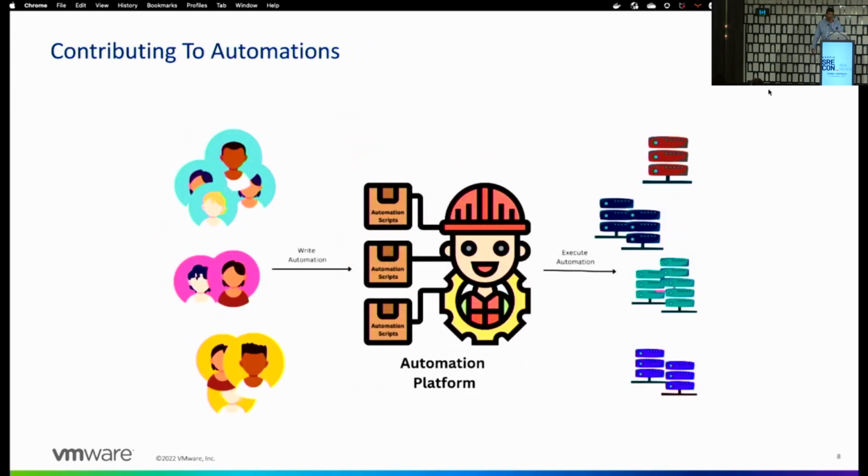So who are the key consumers or owners for writing the automation scripts? All the service owners and component owners are part of writing the automation scripts. This platform enables them to build their own scripts and execute them, scheduled or fleet-wide, with scheduled or manual executions.